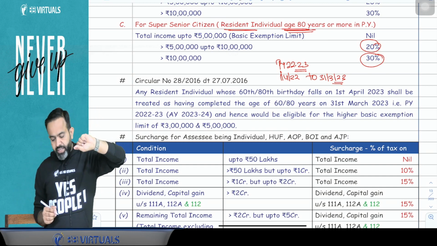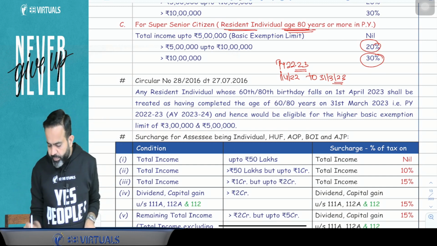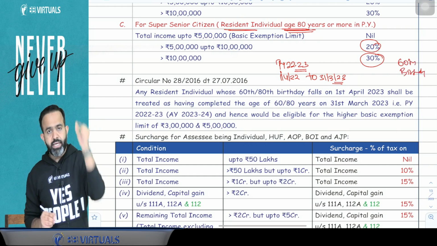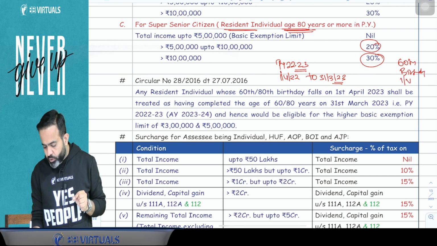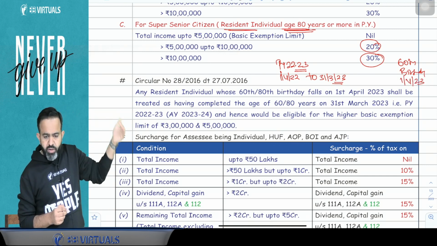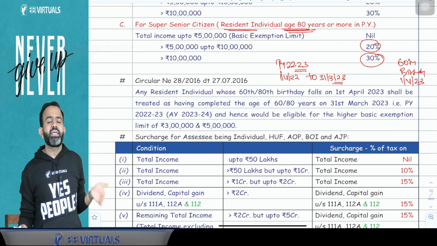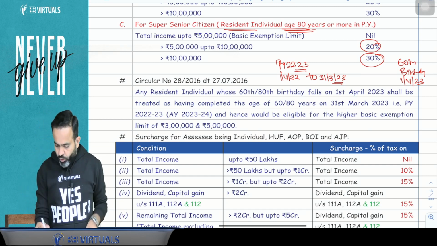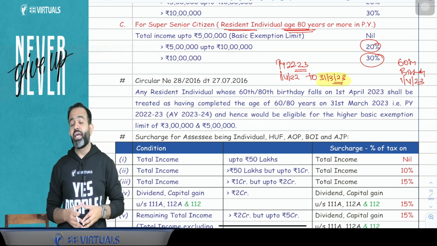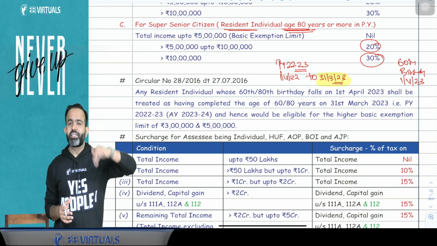Now remember that if any person is celebrating his 60th birthday on 1st April 2023, then also it will be assumed that he has completed the 60-year age on 31st March 2023, and he can claim the enhanced basic exemption benefit in the current year.